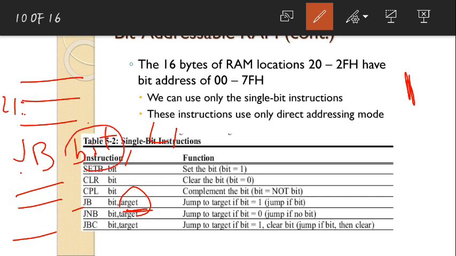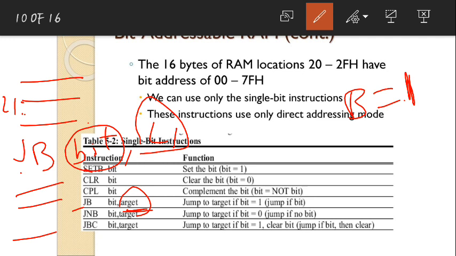This bit can be an accumulator's 7th bit or 6th bit, whatever it is, or else generally I will check the PSW register to see if any flag is raised, like a carry or auxiliary carry. Or else I can check some port bits. So if that bit is equal to 1, then it will jump to L1.